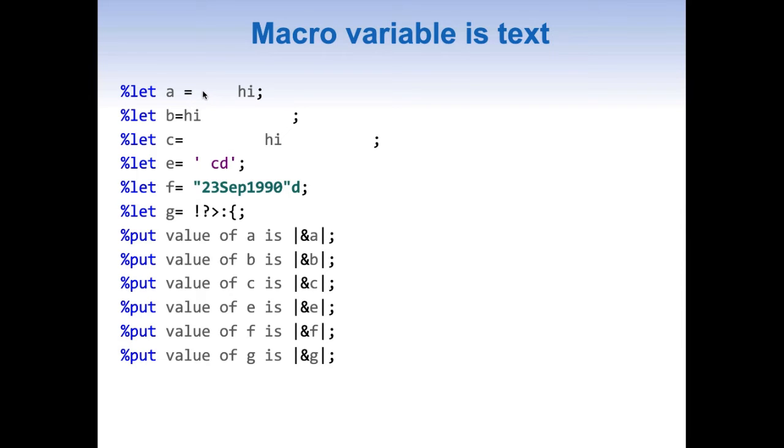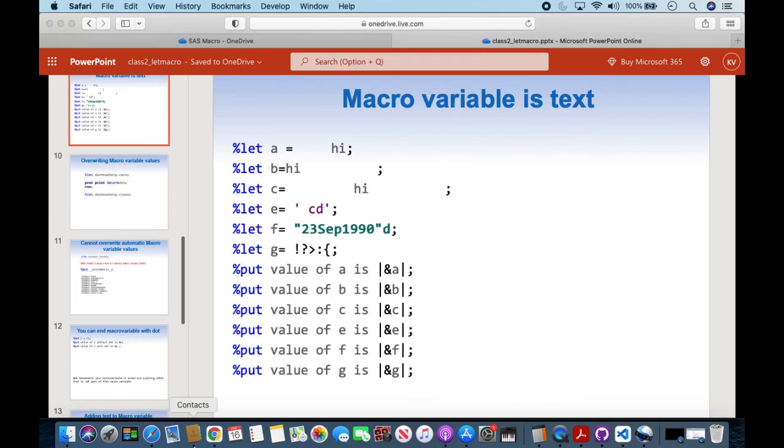Another important point to remember is that the space in front and the back of the text is not stored, especially when you are creating macro variables using the %let statement. Now let us try this in our SAS Studio very quickly.